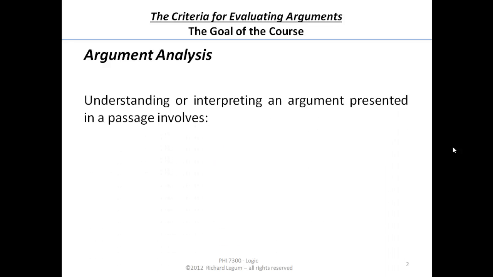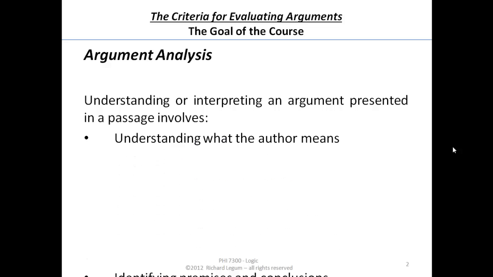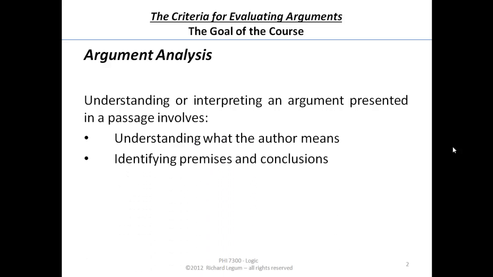That is, the first step involves understanding or interpreting an argument presented in a passage. And this involves understanding what the author means, identifying the premises and conclusion. They have to be clearly stated so it's clear what the conclusion is saying and what the premises are saying.